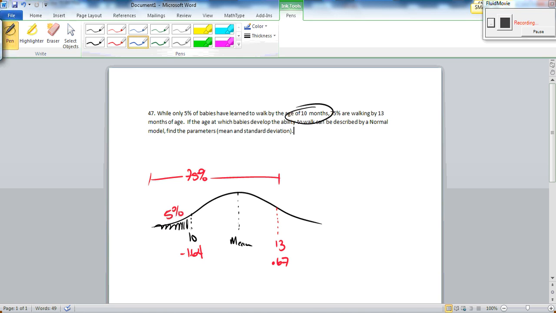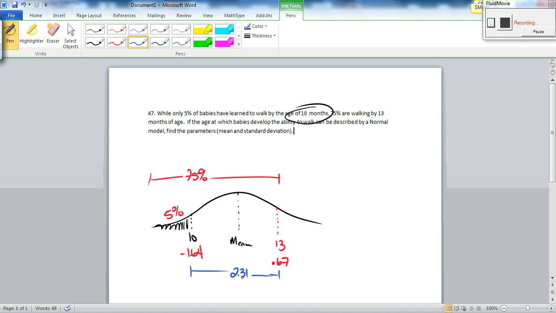So then what we have from here to here is 1.64 plus 0.67. We have 2.31 standard deviations between these two values. It's like finding the distance. You just take the highest minus the smallest, minus the negative becomes plus.